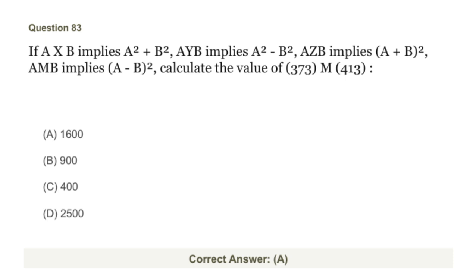Then, square that difference. 40 squared equals 1600. And that, my friends, is the answer. Therefore, the value of 373 M 413 is 1600, which corresponds to option A. This exercise highlights how understanding the notation and the implied operations is crucial in solving such problems efficiently.